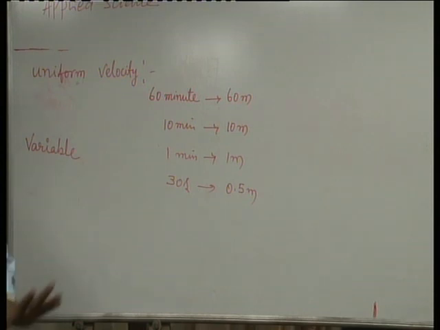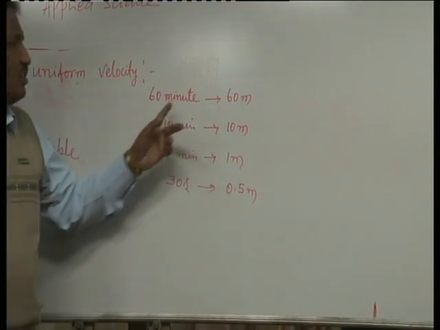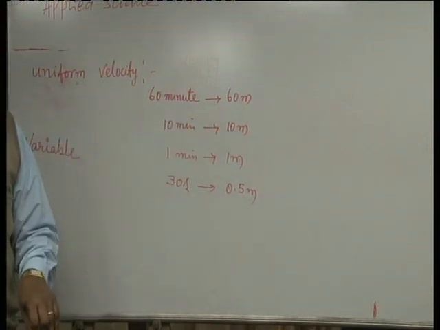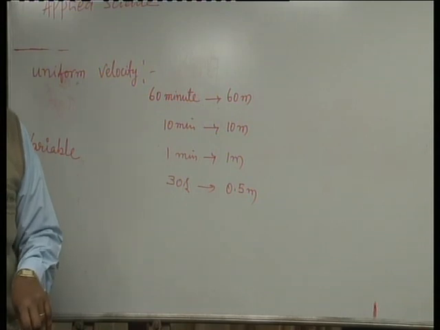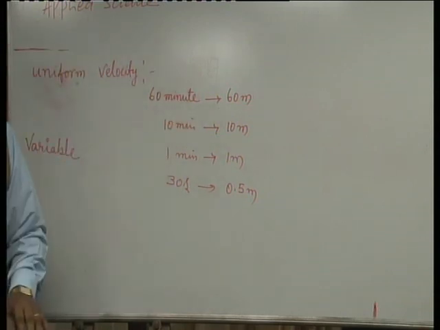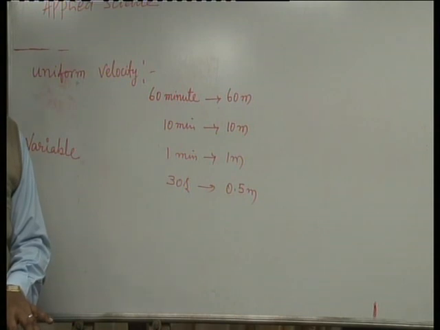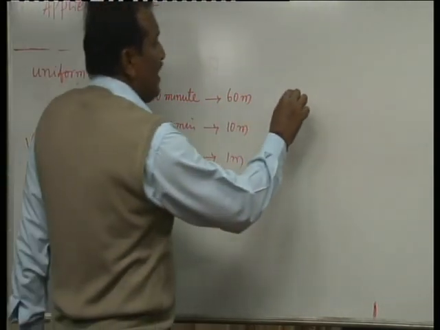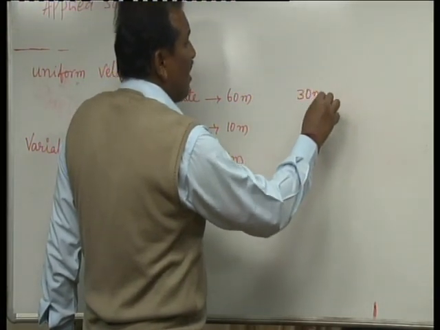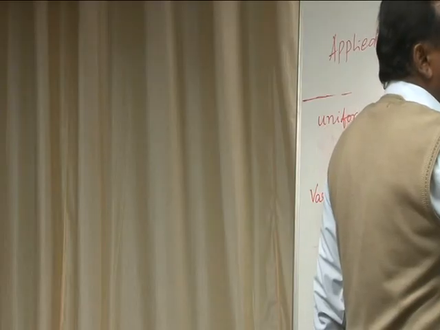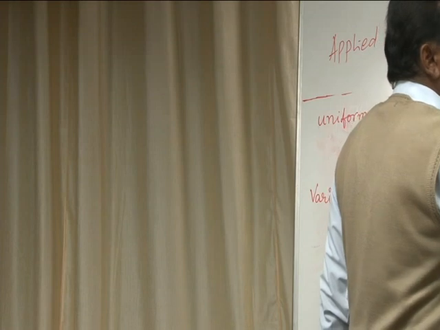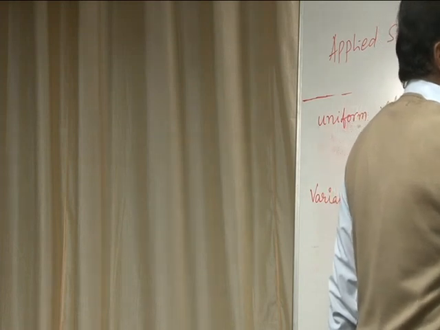In the same manner, there is a body which covers a distance of 60 meters by consuming a time of about 60 minutes. When the journey starts, after completing 30 minutes, it may travel a distance of 45 meters.